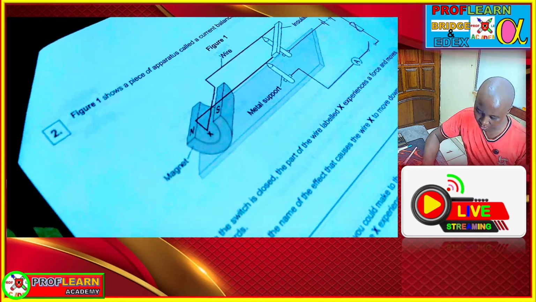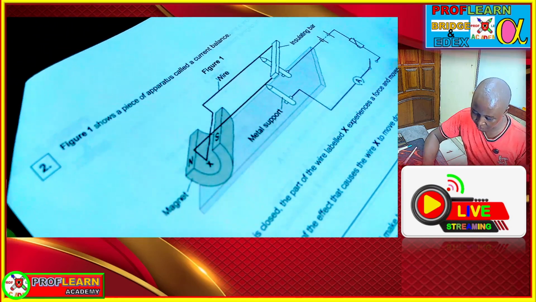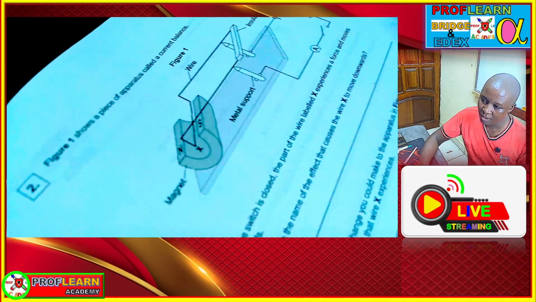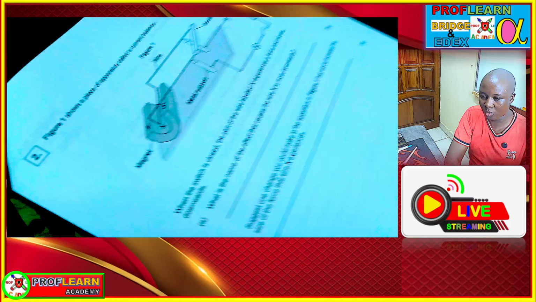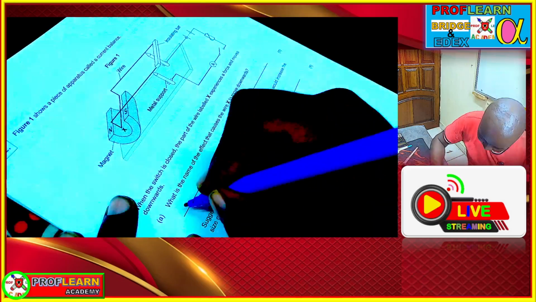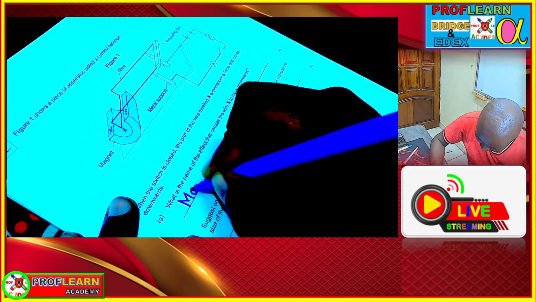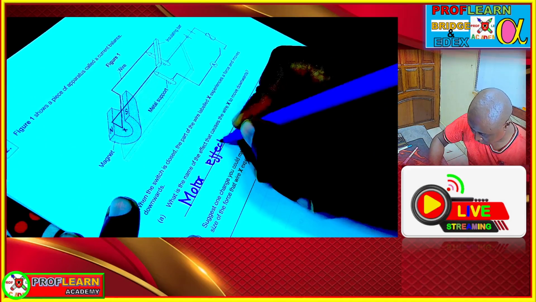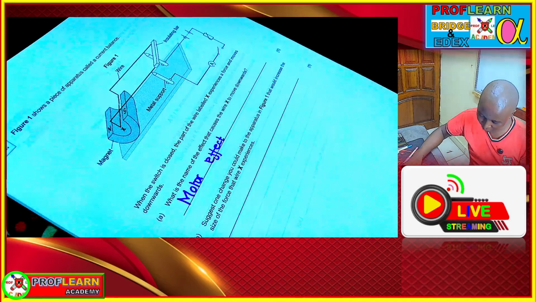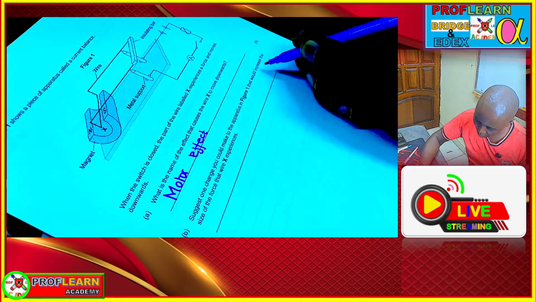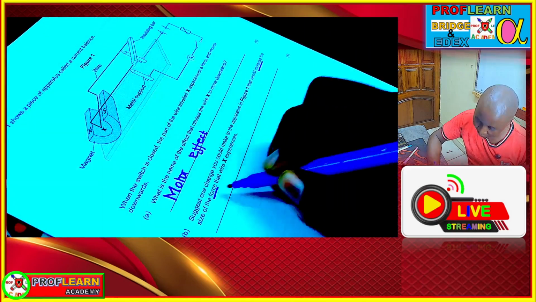So let's look at the question that was asked. What is the name of the effect that causes X to move downward? The motion is due to what we call the motor effect. Yeah, so this is the motor effect. Suggest one change that will increase the size of the force.